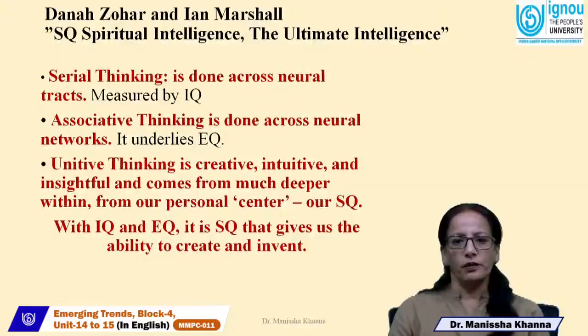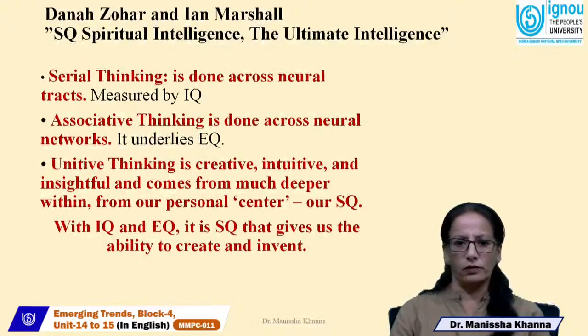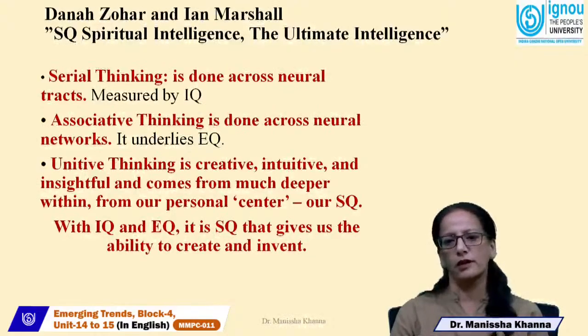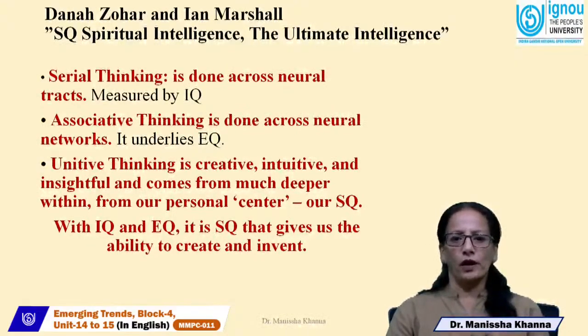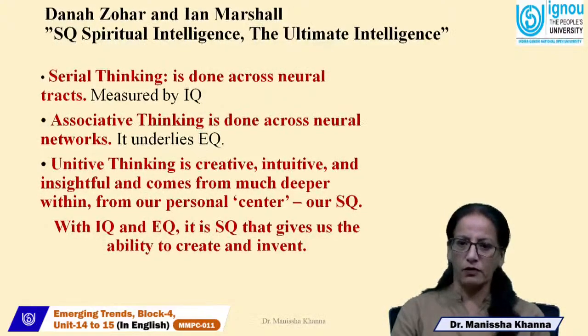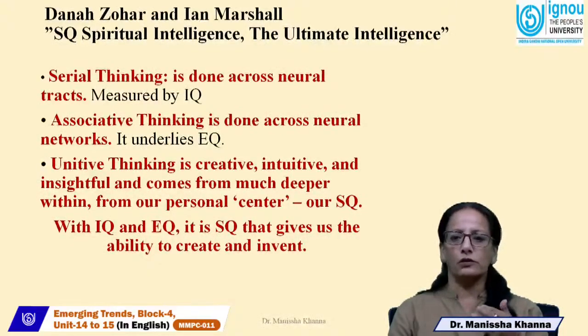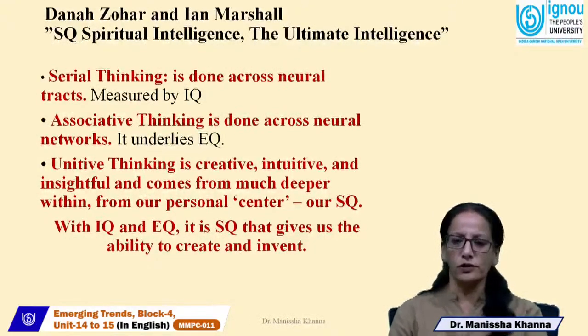Whereas the IQ and EQ is all about serial thinking, what we are working on, our neural track, what we have learned, our skill, our intelligence, and of course how we are associated with that intelligence, that attitude, or maybe the learned behavior is linked with the emotions, that is associative thinking.